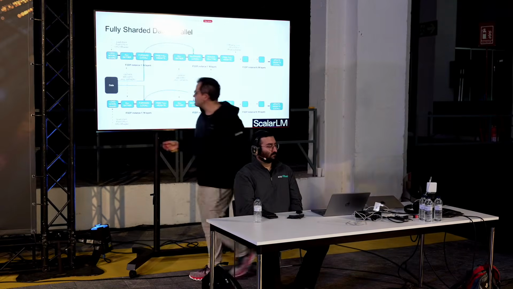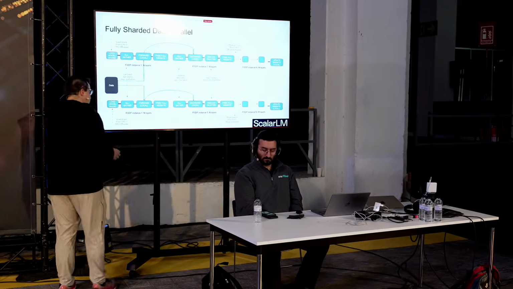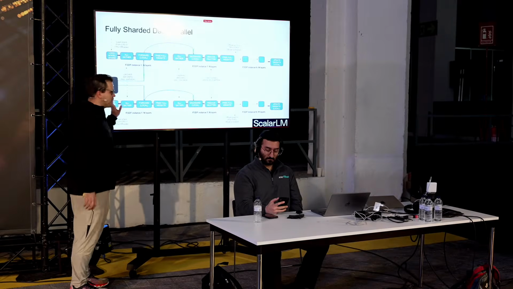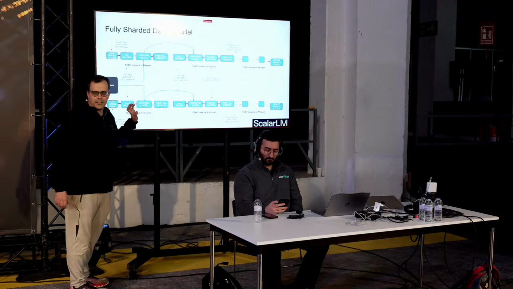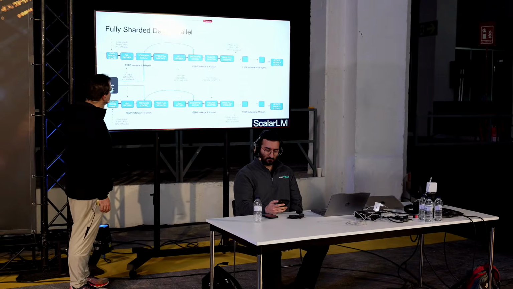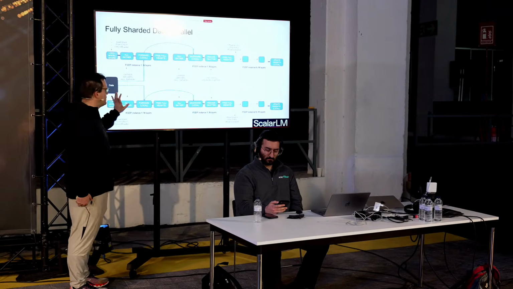I'm just going to take a minute or so because I think it's worth looking at this. There's a lot going on here, but the basic building blocks are pretty similar to what we've seen before.